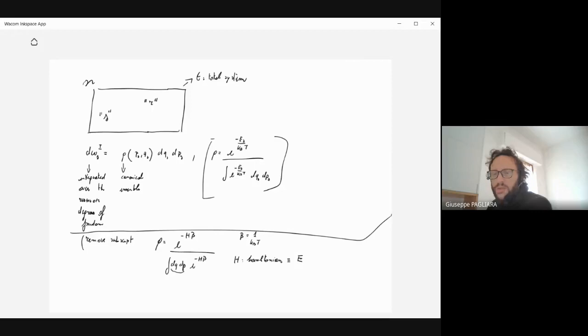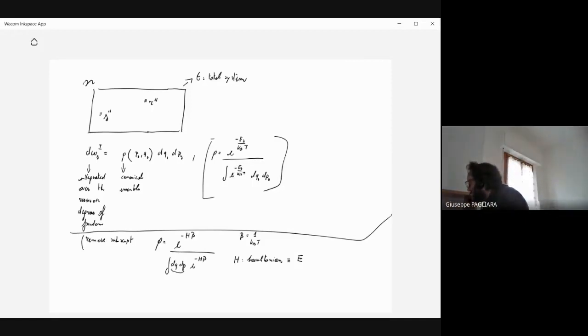In principle, in this integral I have to integrate over all the momenta and coordinates of the particles belonging to the subsystem S. Now we are not distinguishing anymore between subsystem and reservoir, so we remove the subscript and concentrate on our subsystem. Now you see the difference with respect to the previous ensemble, the microcanonical ensemble.